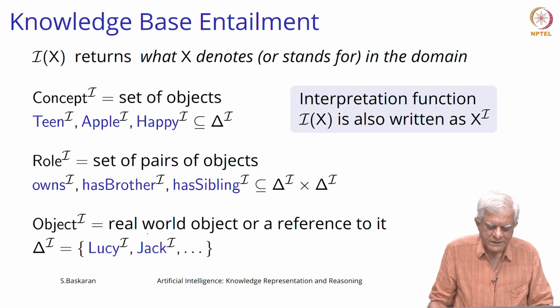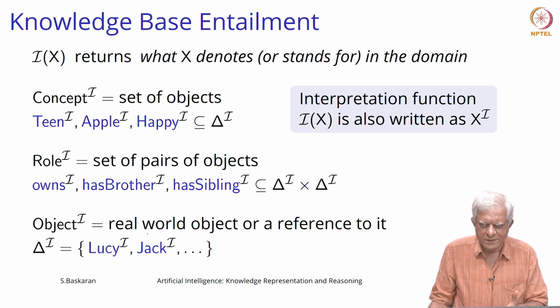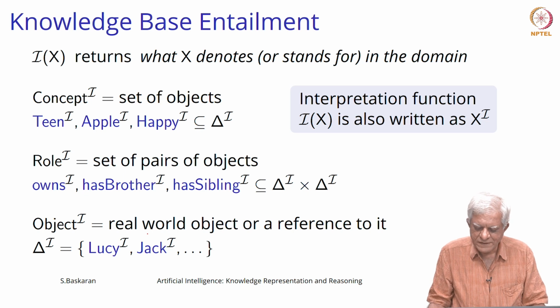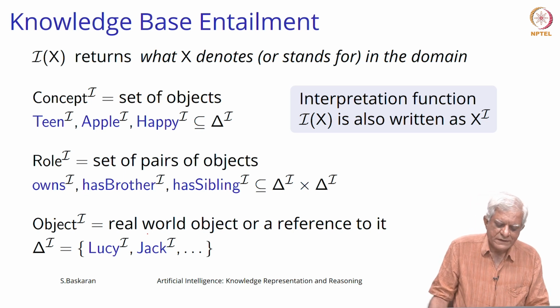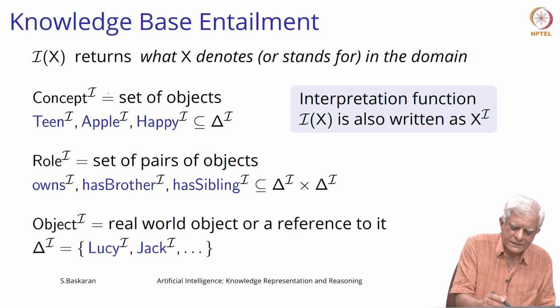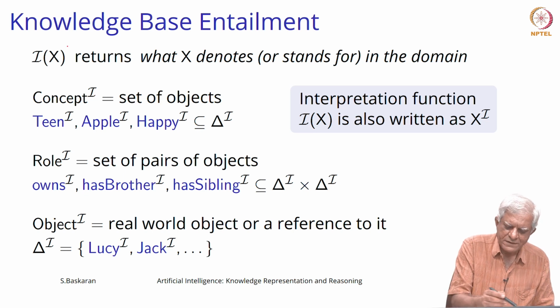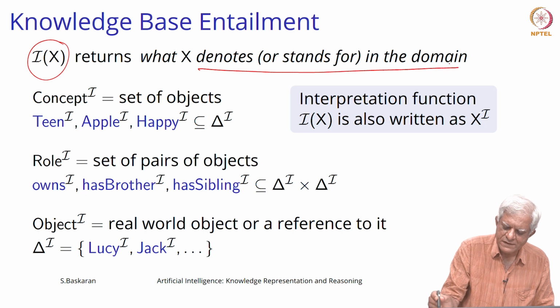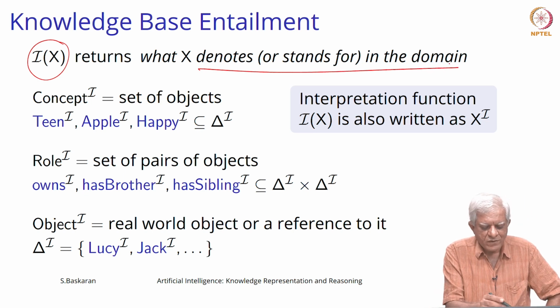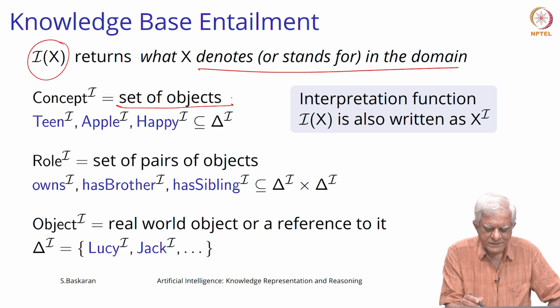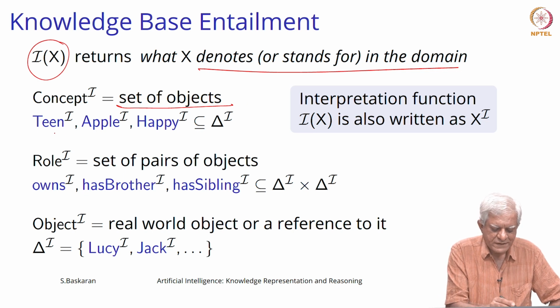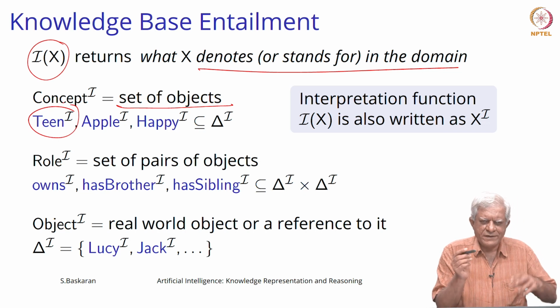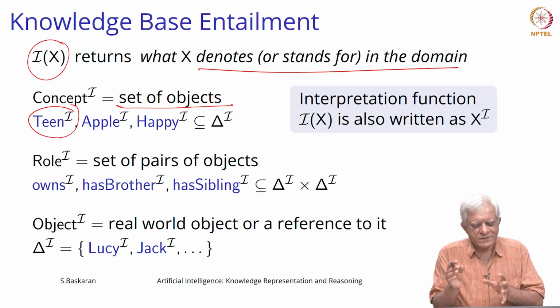So, we are talking about entailment and we are talking about interpretations because we are looking for models. Just to do a quick recap, an interpretation is a mapping that denotes for something in the domain. Concepts are sets of objects, like teen, apple. When you say teen superscript I, we mean the interpretation of teen.